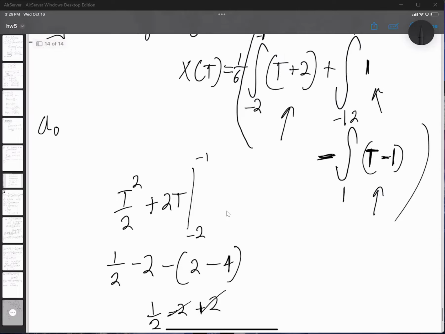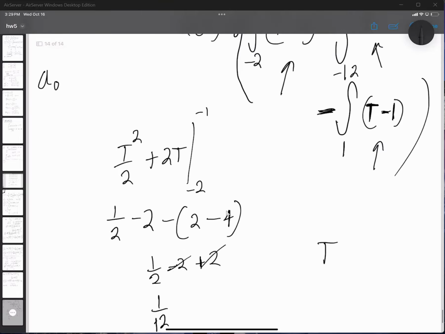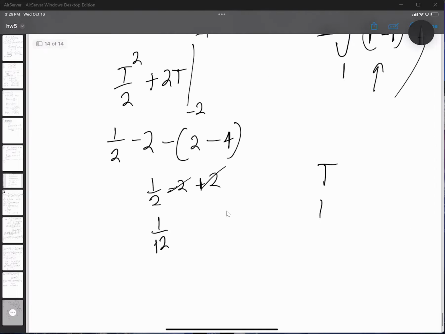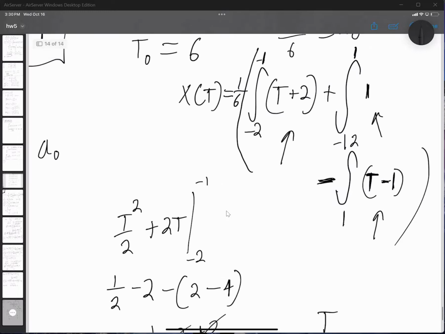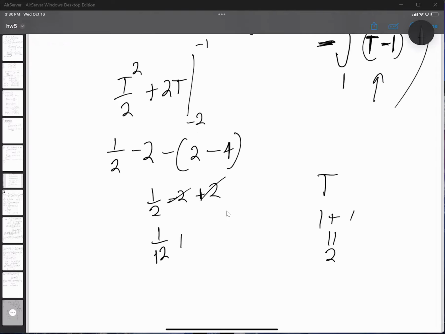Now for the next one, if we integrate 1 we'll just get t, from negative 1 to 1. 1 plus 1, we'll get 2. Yeah, from integration, 2. 2 times 1/6 is 1/3.